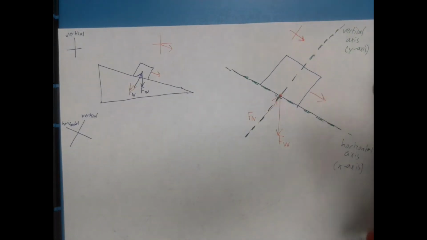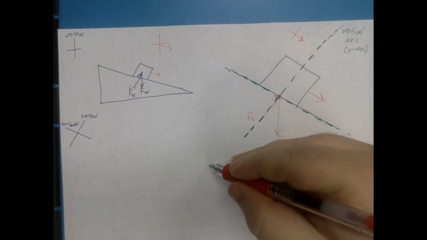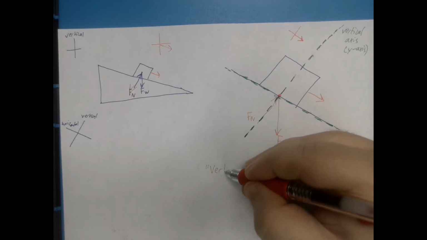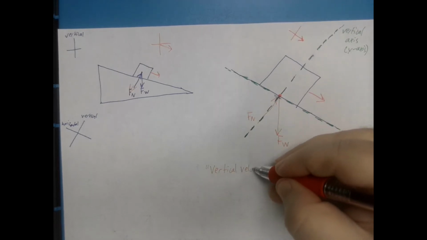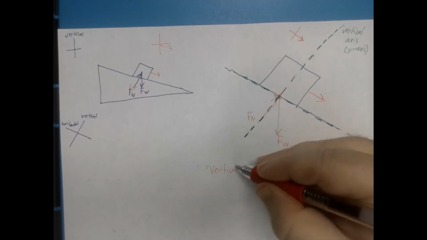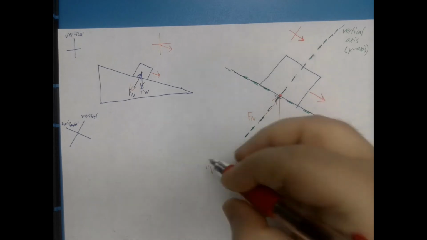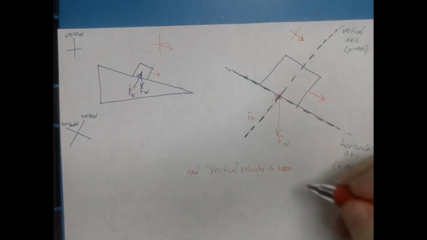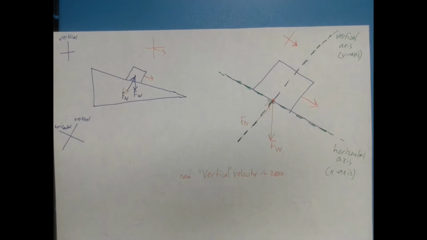So by rotating my axis, I see that the "vertical" velocity is 0. My new vertical velocity is 0. It is just moving down the slope.